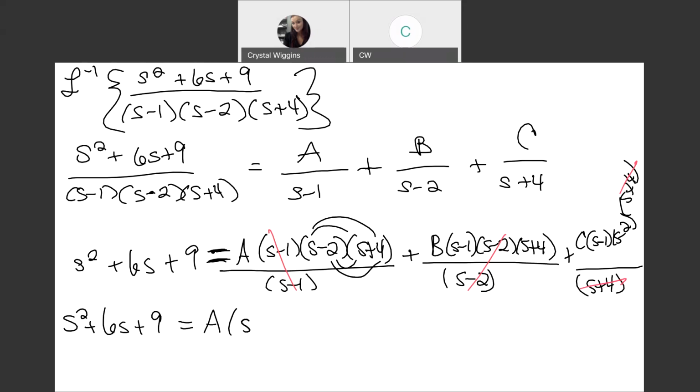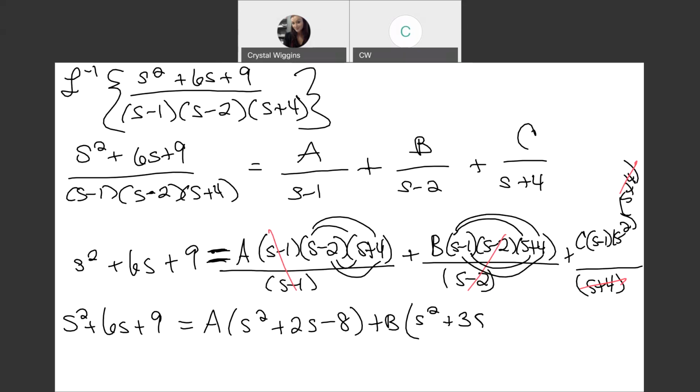So we get s squared plus 4s minus 2s, so that gives us plus 2s minus 8, plus b times, if we multiply s minus 1 times s plus 4, we get s squared plus 4s minus 1s gives us plus 3s, and negative 1 times 4 gives us minus 4, plus c times s squared minus 2s and minus 1s, which gives us minus 3s plus 2.